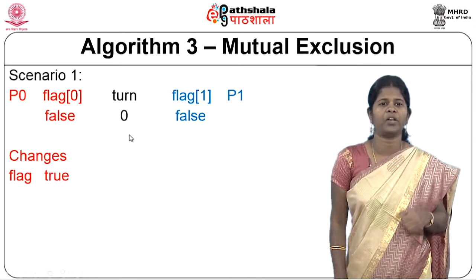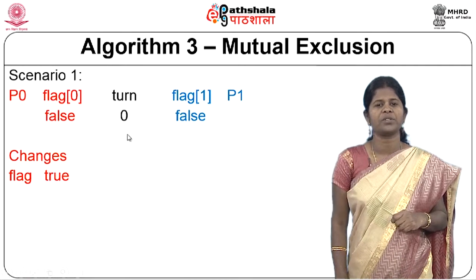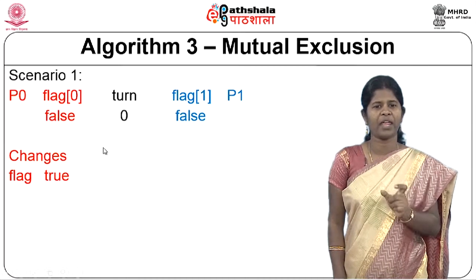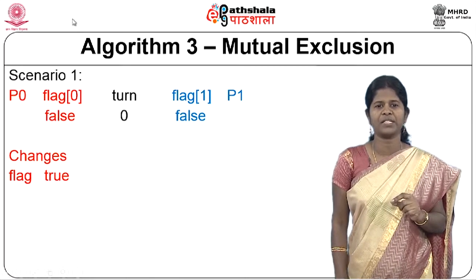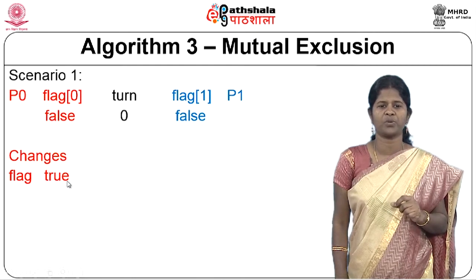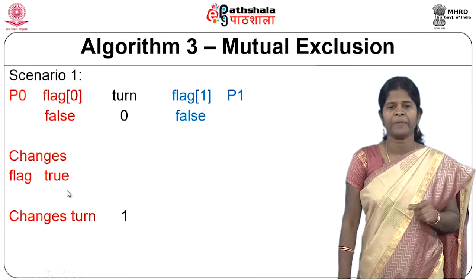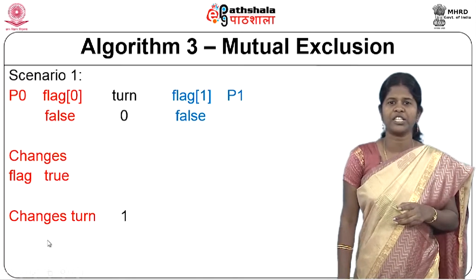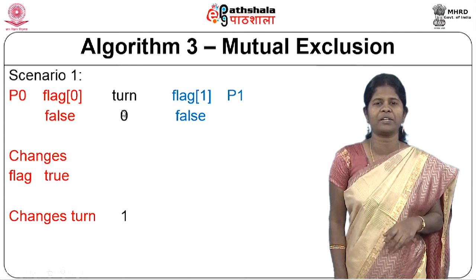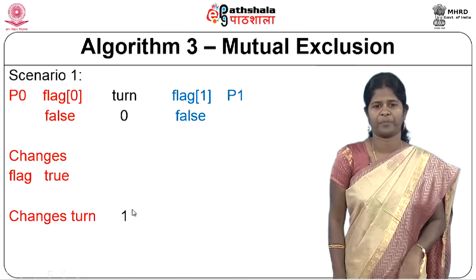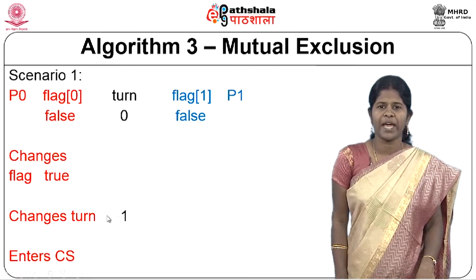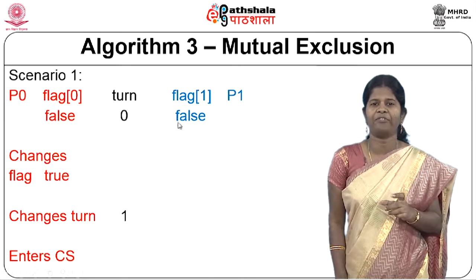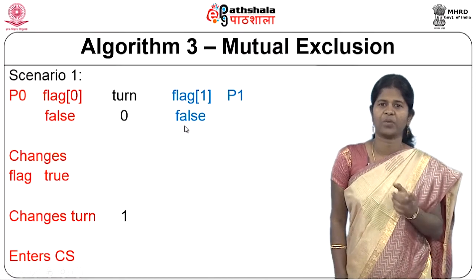And now P0 wants to enter the critical section. So, what does P0 do? There is a statement flag of i is equal to true. So, it changes its flag value, flag of 0, to true. And then there is another statement, turn is equal to j. That is, it changes the value of the variable turn to 1. And then it checks the while condition: turn is equal to j and flag of j is equal to true.